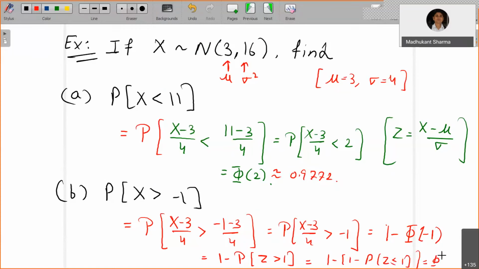So 1 minus 1 will be 0, and this will end with the probability of z less than or equal to 1. The phi of 1 value is 0.8413. From the table, this is the row where 1.0 gives 0.8413. So this value is approximately 0.841.